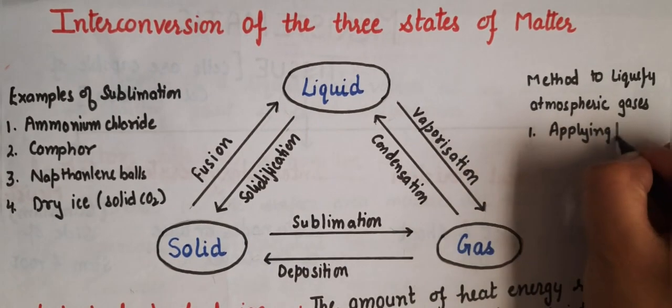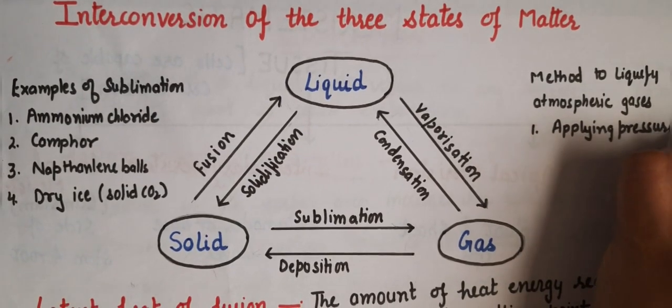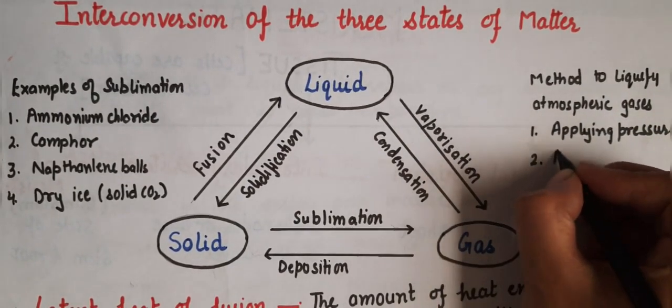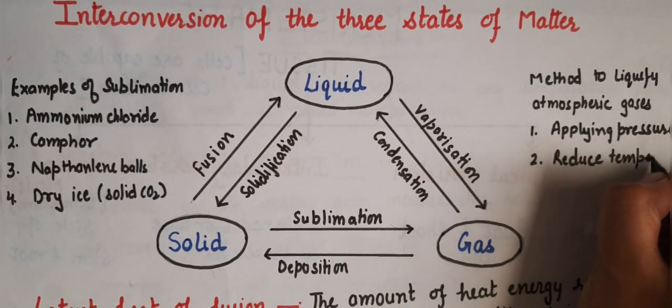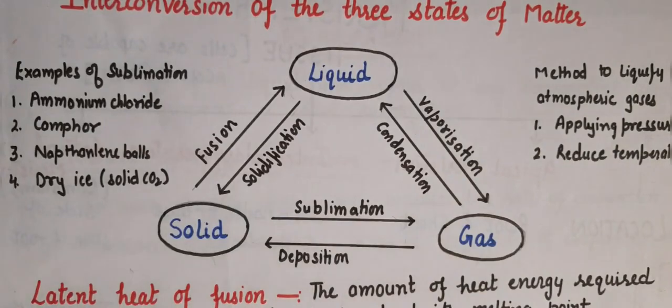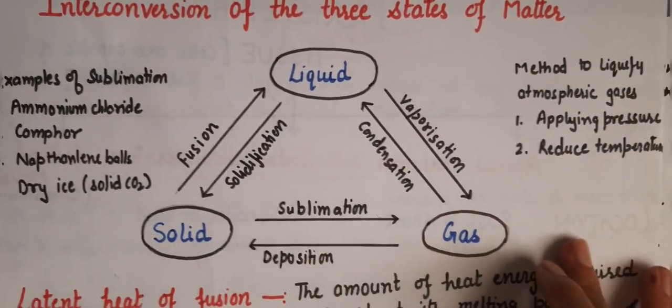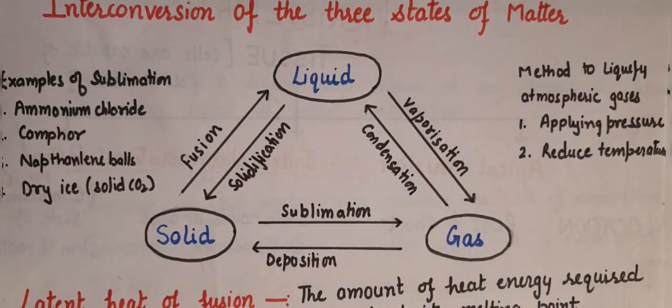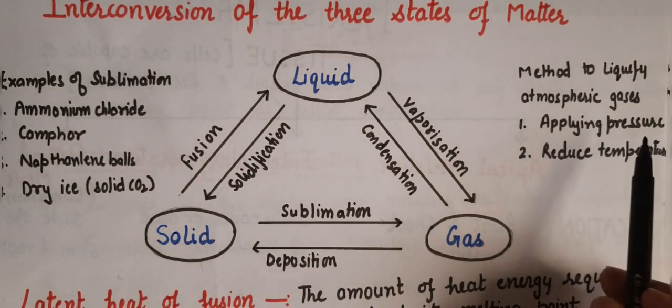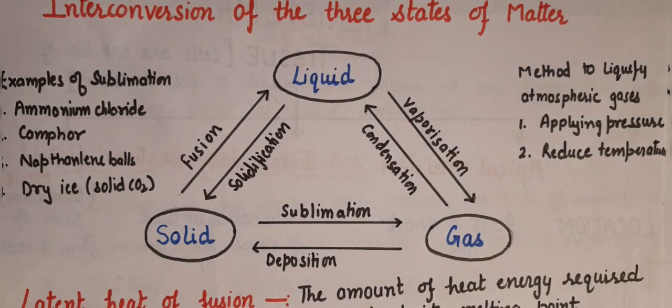And the second method is by reducing temperature. If we apply pressure and reduce the temperature, then gases can be liquefied. As you know, in a carbon dioxide cylinder or oxygen cylinder, we fill the gases in liquefied form. And how can we liquefy the gases? By applying pressure and reducing temperature.